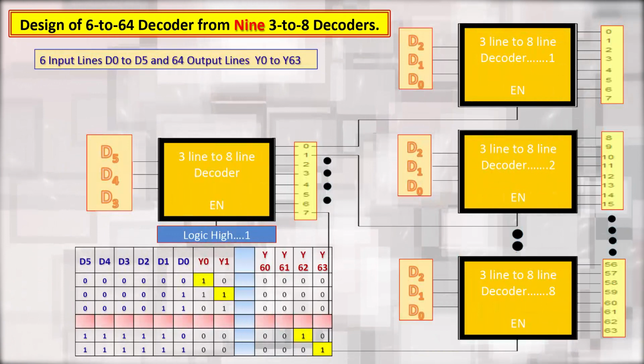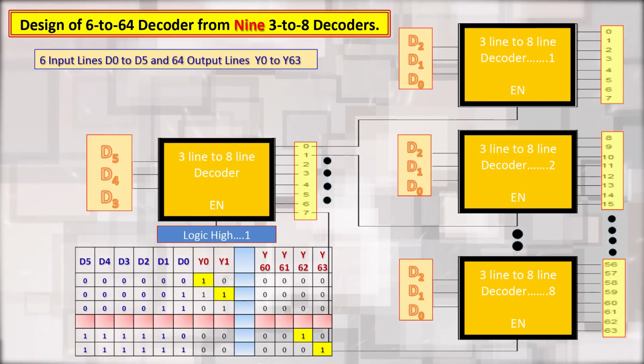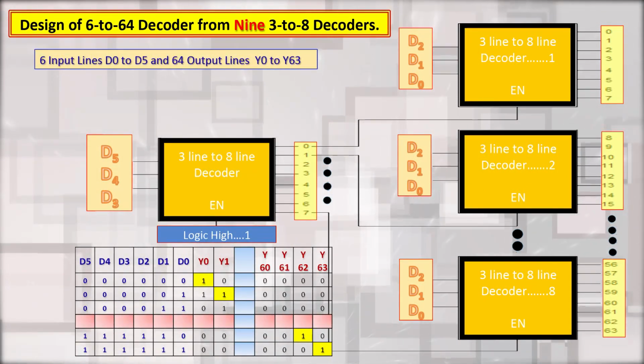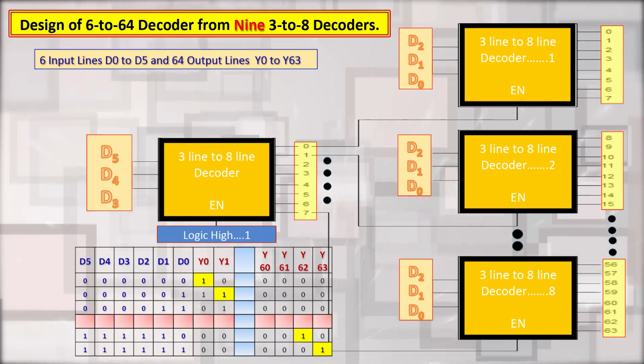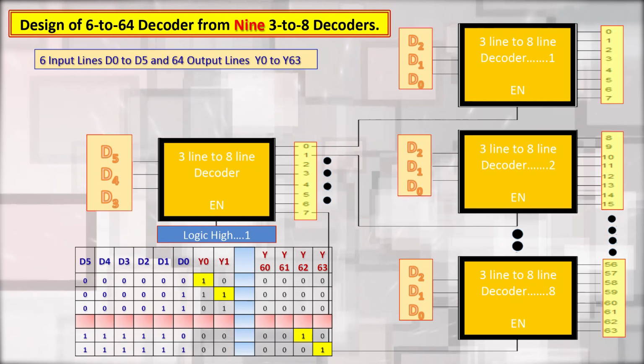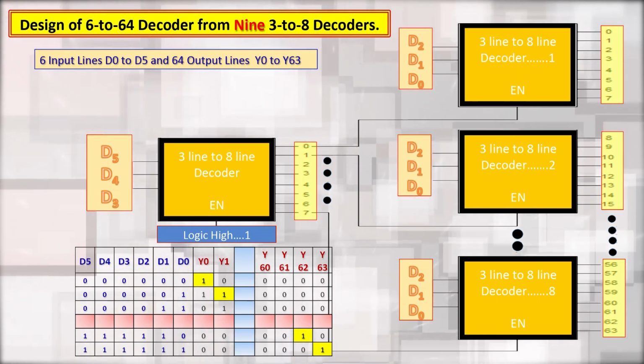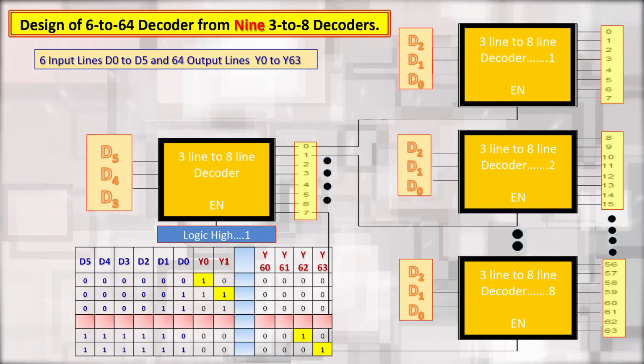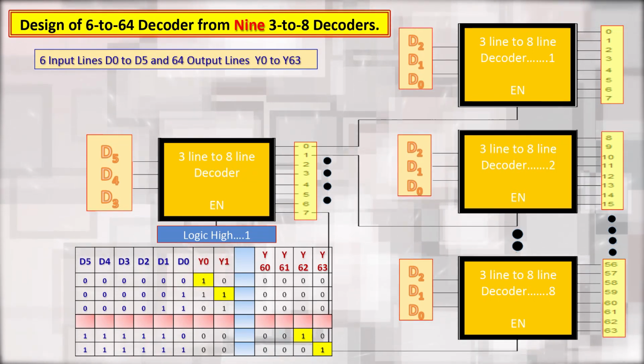Now, we will see the design of a 6 to 64 decoder using 9 3 to 8 decoders. Here we have 6 input lines. So, let us consider D0, D1, D2, D3, D4, D5. These are the 6 input lines, and what we will do, we will have 9 3 to 8 decoders.